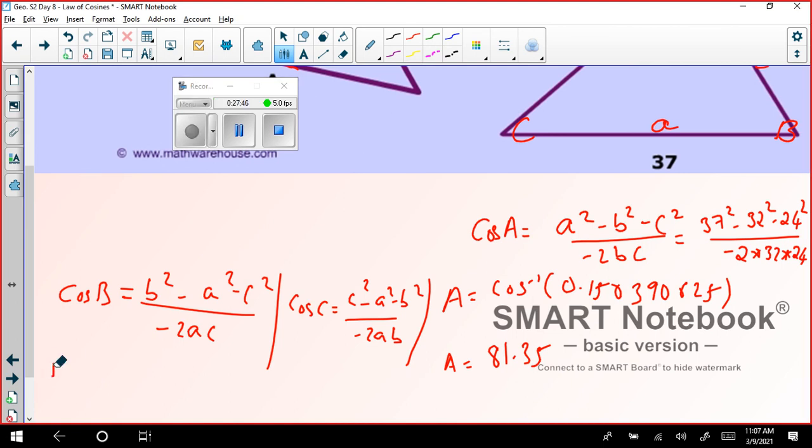Meanwhile, when I complete this, B equals what? Angle B is going to be cos inverse of this whole thing, b square minus a square minus c square over negative 2ac. I'm just directly substituting.